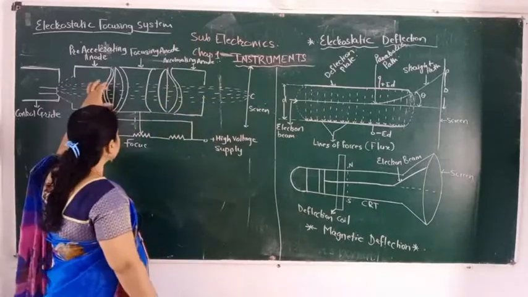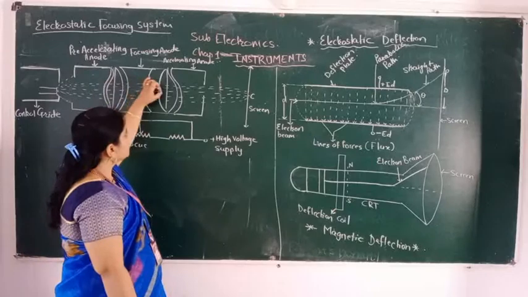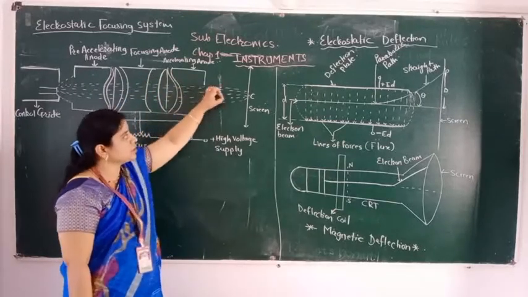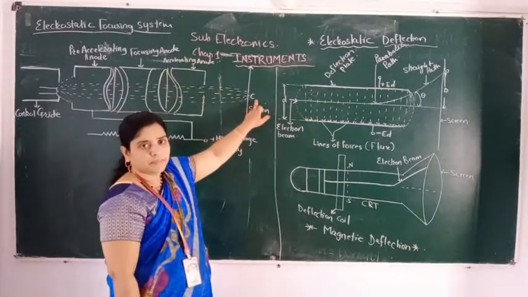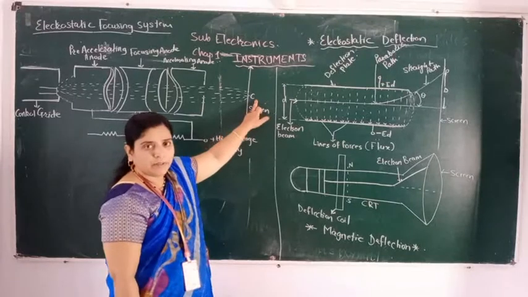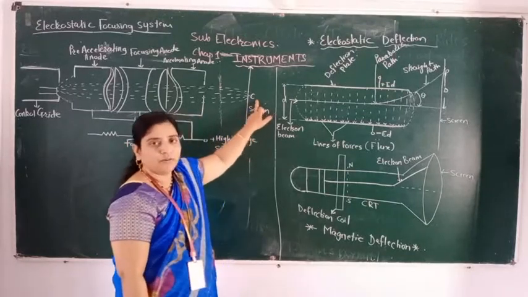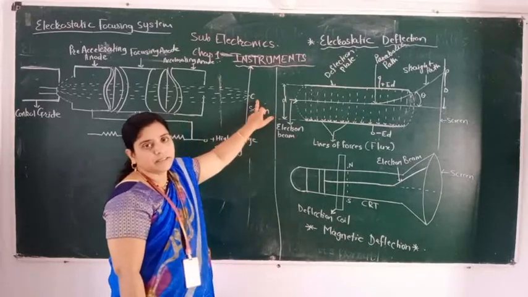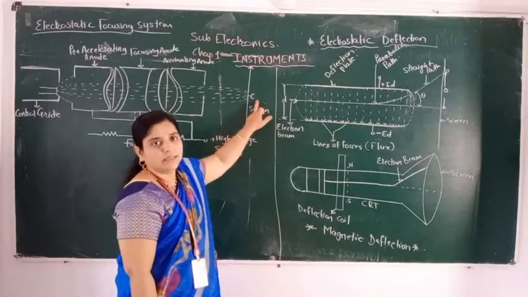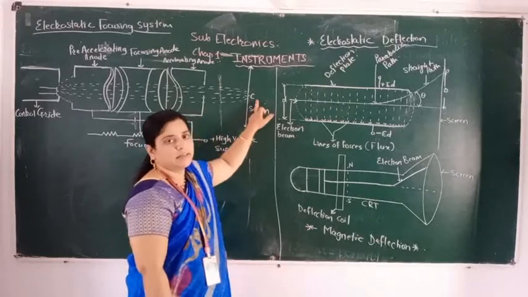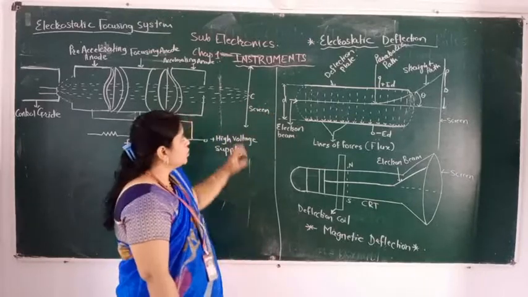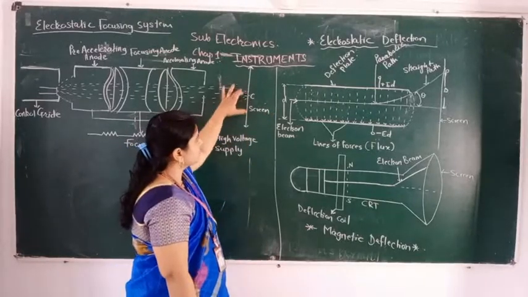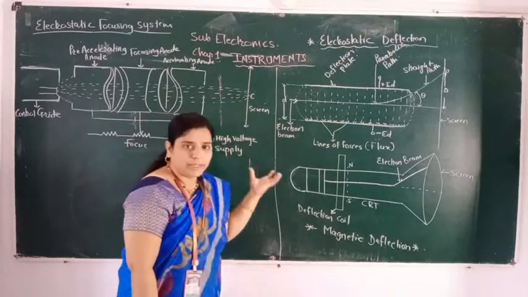So it gives a sharp and straight image on the screen, which has the fluorescent coating. The fluorescent screen has the property that it converts the electric signal into a visual signal, that is the image signal. So this screen provides the image.